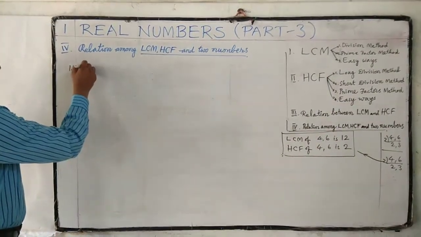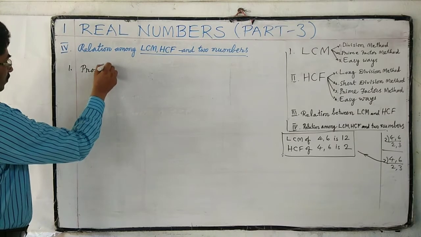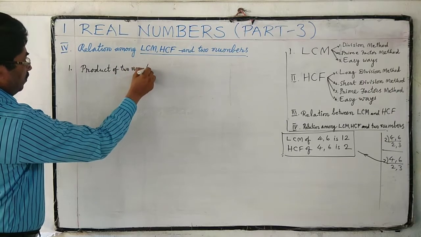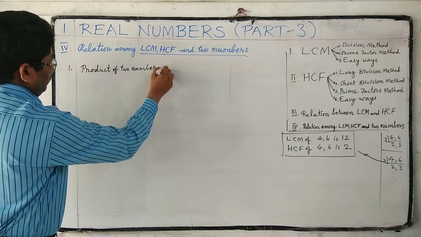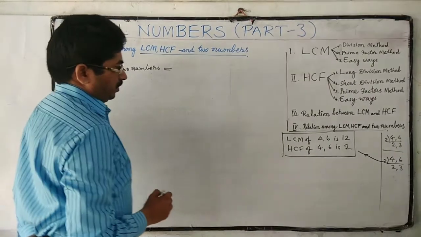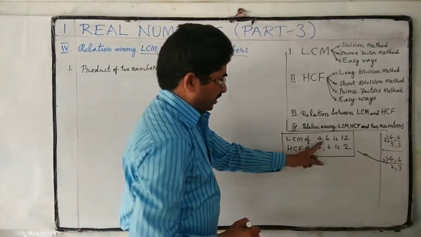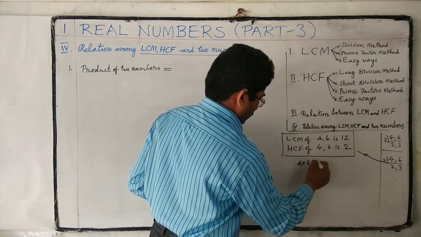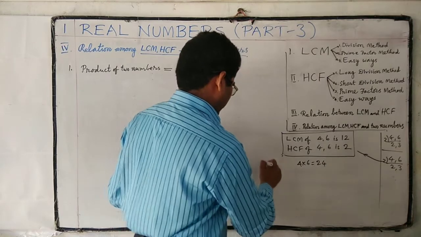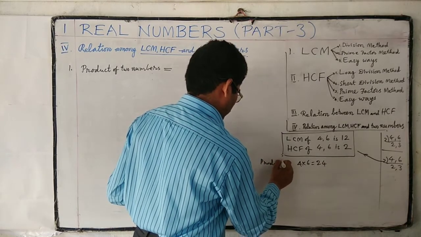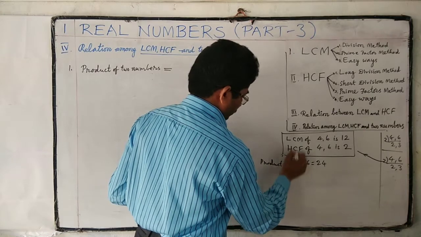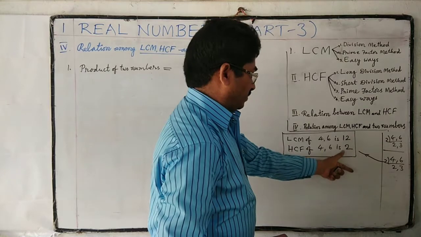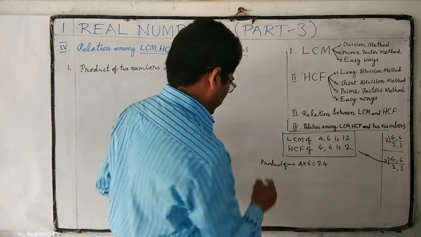Product of two numbers is equal to the product of their LCM and HCF. 4 6s are 24.